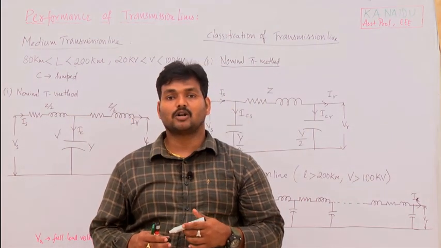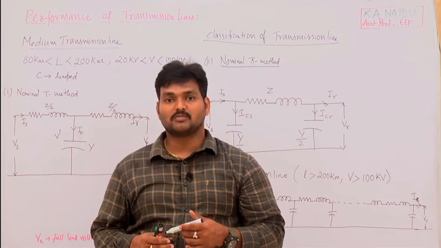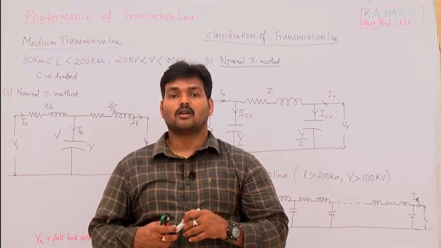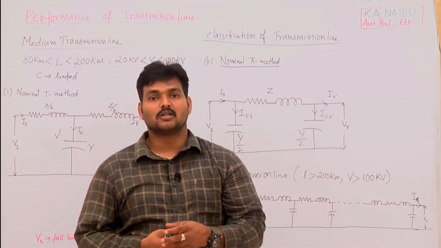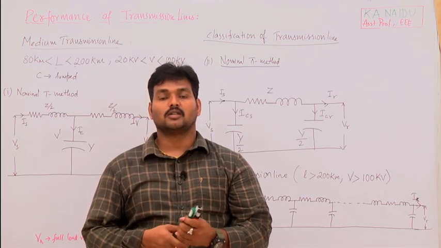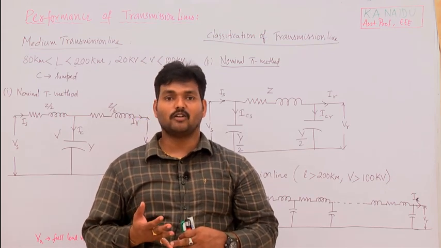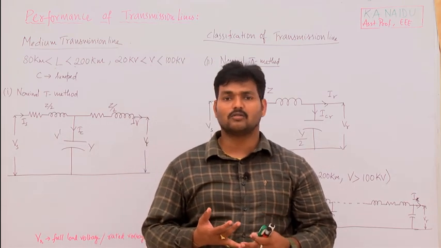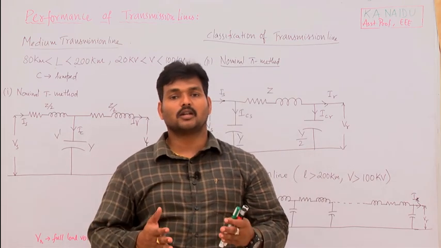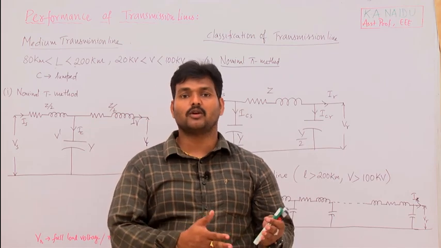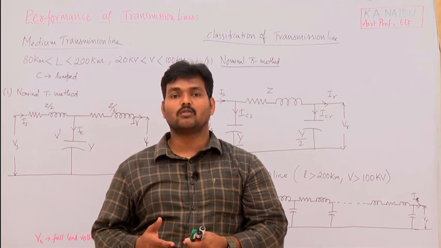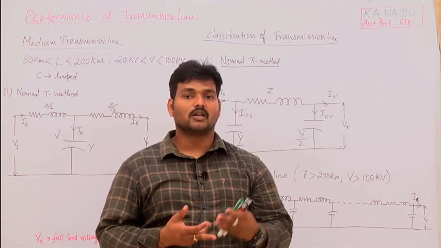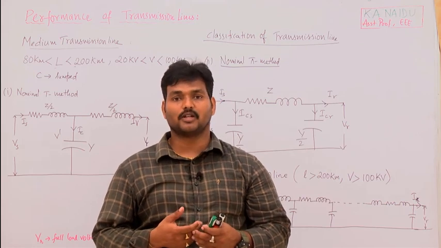There are three types: short transmission line, medium transmission line and long transmission line. To summarize, short transmission line means the length is less than 80 kilometers, operating voltage is less than 10 kilovolts or 20 kilovolts. Medium transmission line, the operating voltage is in between 20 kilovolts to 100 kilovolts, but the length is between 80 kilometers to 200 kilometers.